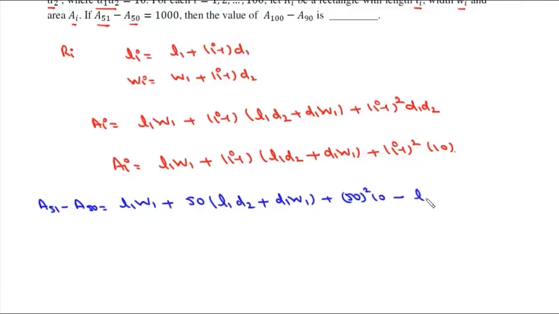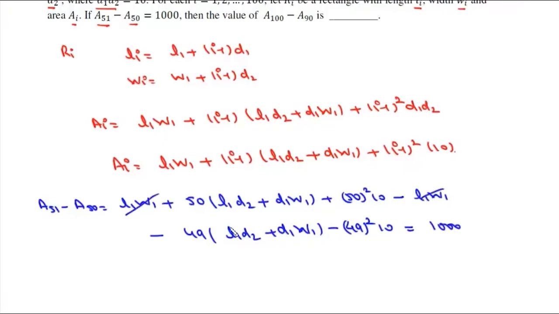A50 will be L1 W1 plus 49 L1 D2 plus D1 W1 plus 49 square into 10, and this is equal to 1000. Now L1 W1 will cancel.